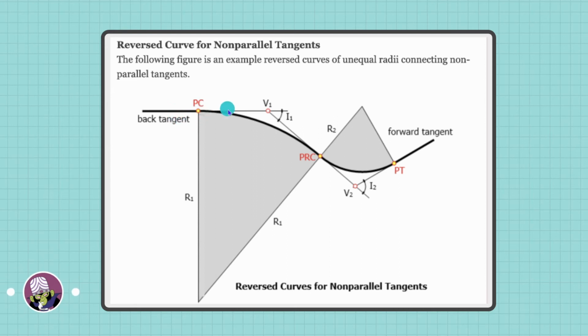As we can see, the back tangent is straight, while the forward tangent proceeds to turn at an angle over here. So instead of going straight, it moved inwards.